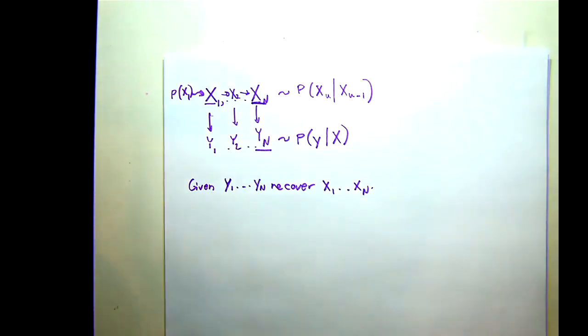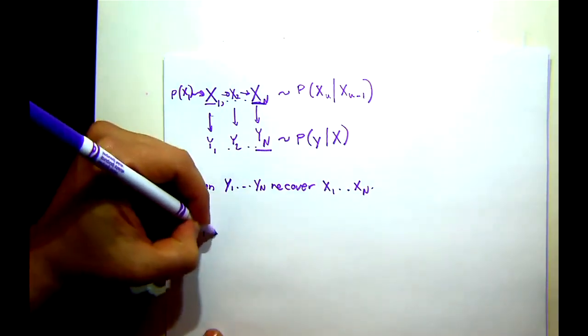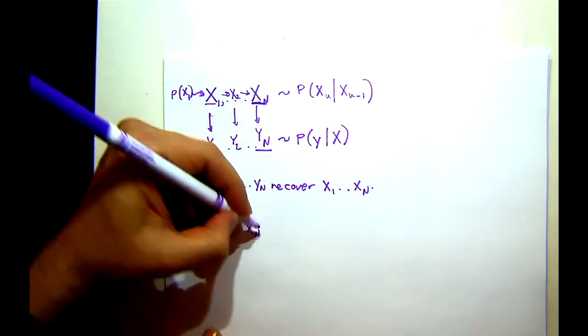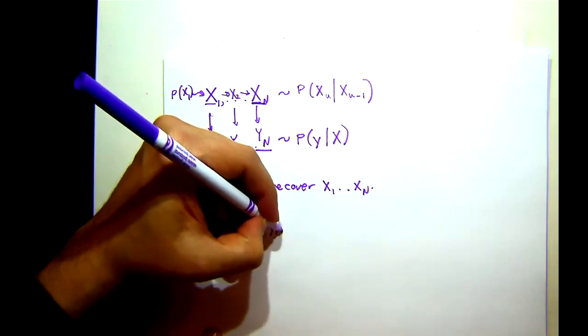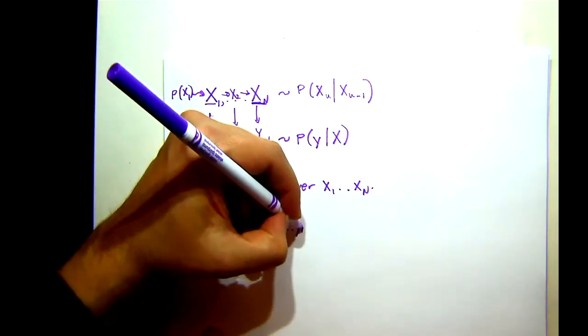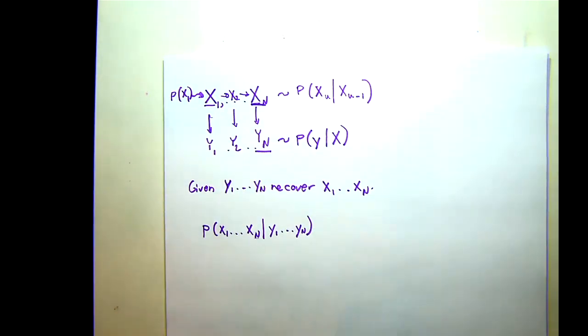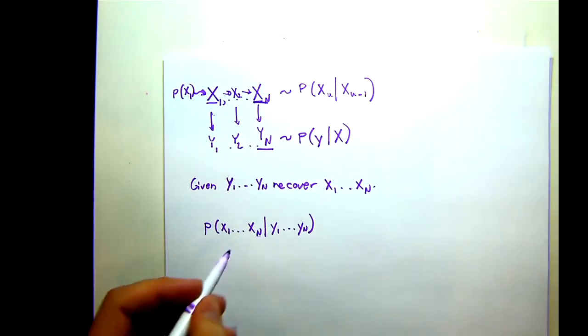We can model this as the probability of a sequence x1 to xn given the observations that we saw. If we go over all possible sequences and find the maximum of this, we get the most likely recovered sequence.